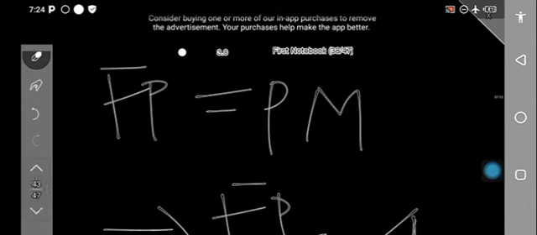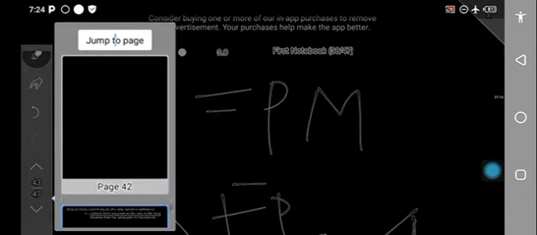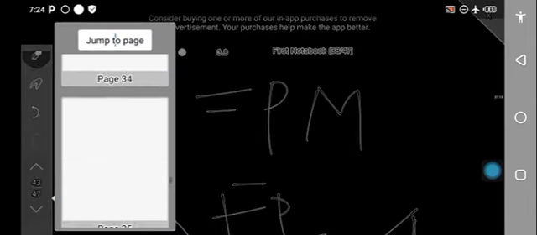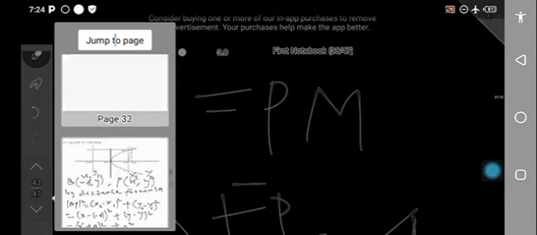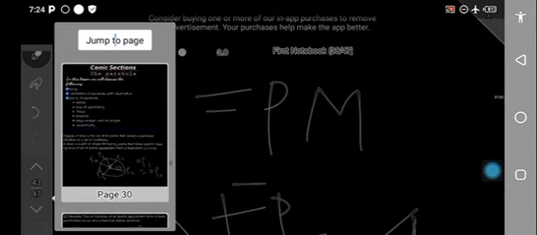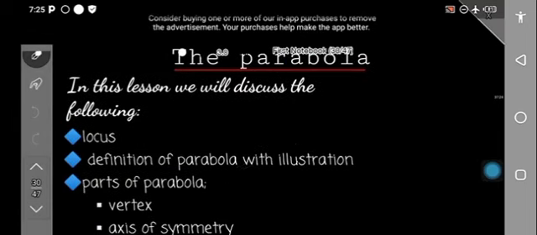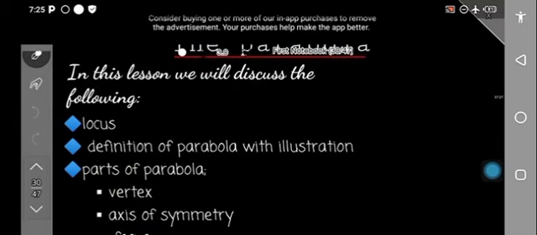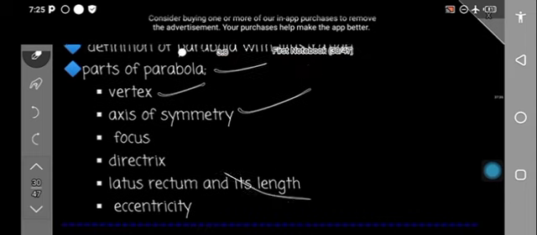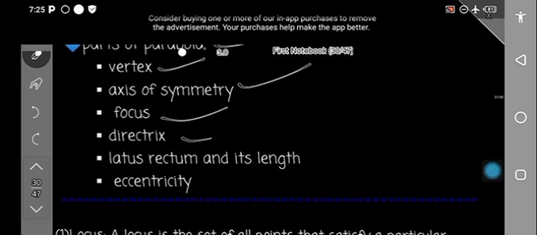So let's go back to our point. Now let's see how far we have covered. You can see that we have discussed locus, the definition of parabola with illustration. Then the parts of a parabola: vertex, axis of symmetry, focus, directrix, latus rectum, and its length.